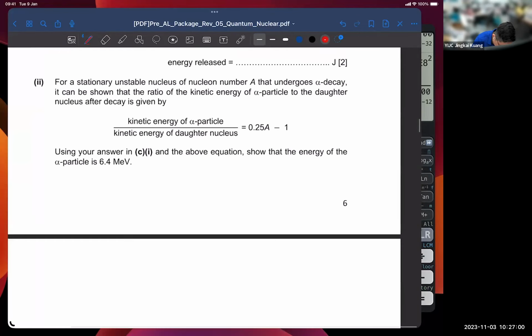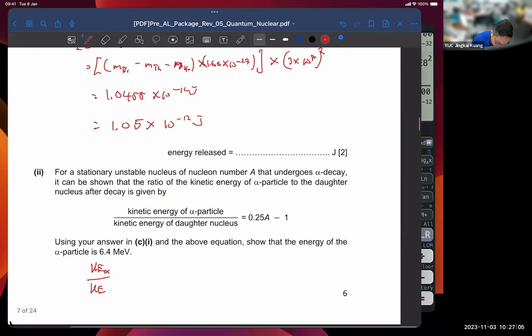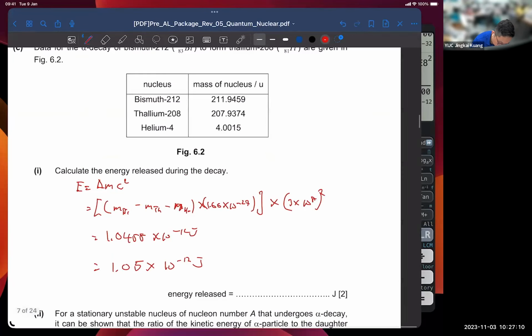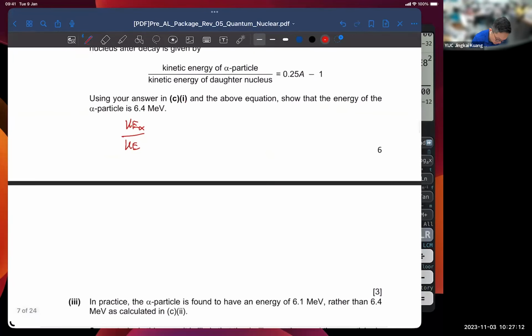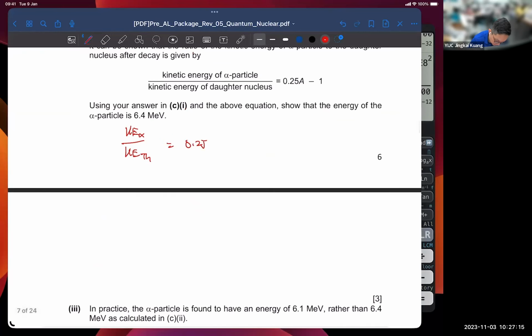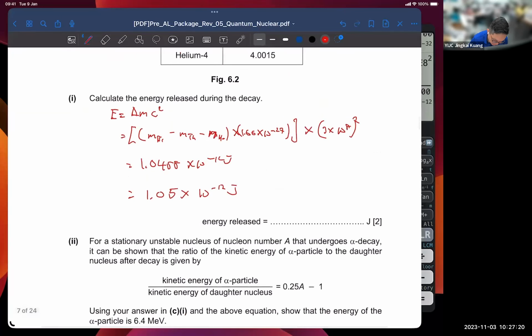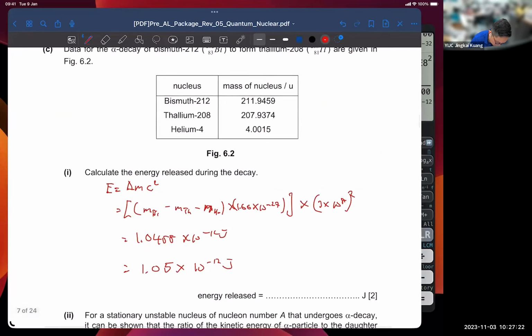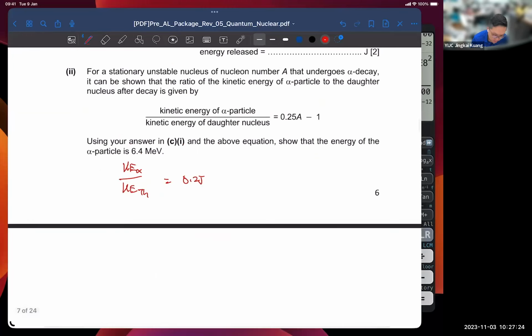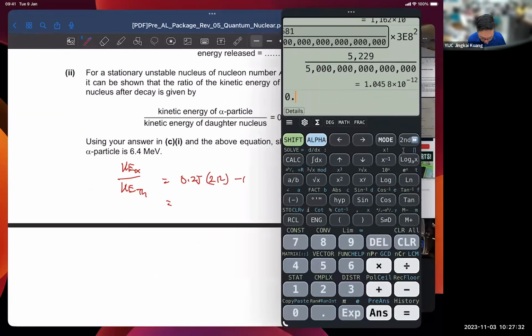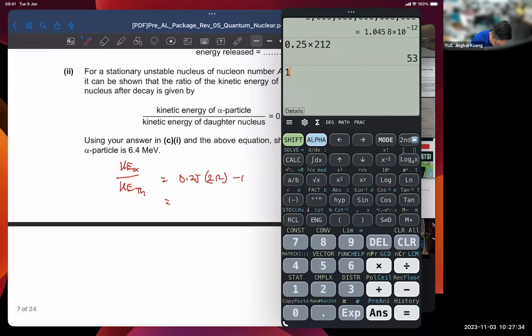So let's write, this is Ke alpha, Ke of this one, in this case thallium, and this equals 0.25 times the nucleon number, 212 minus 1, which is 52.